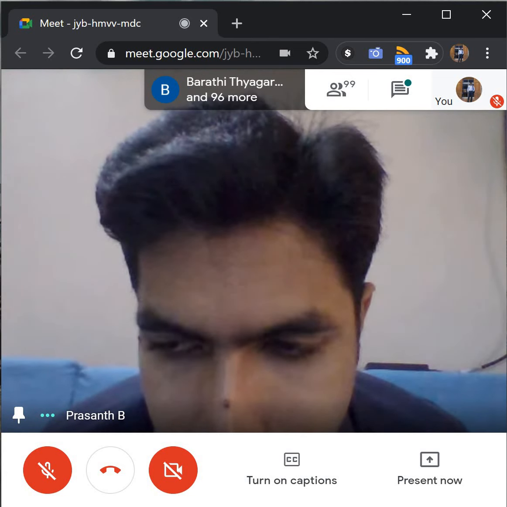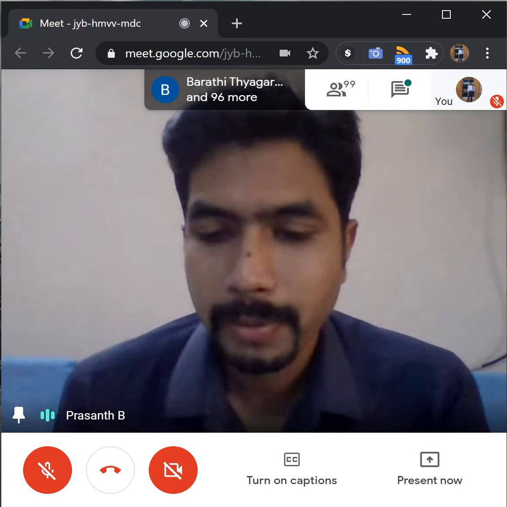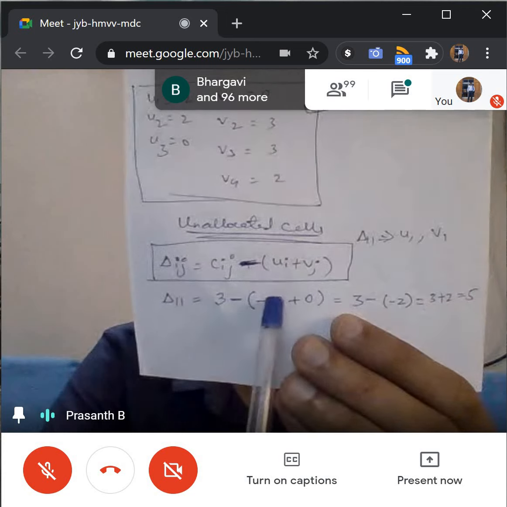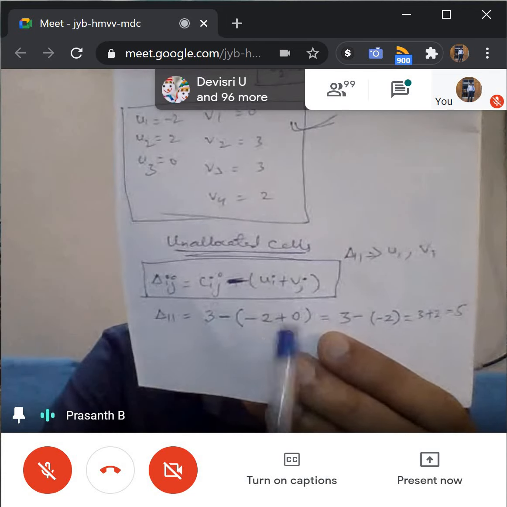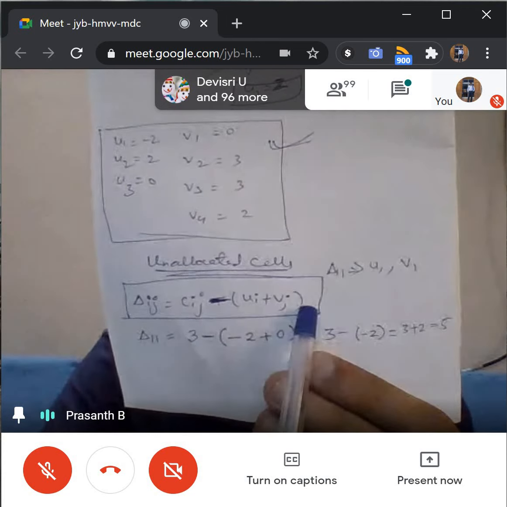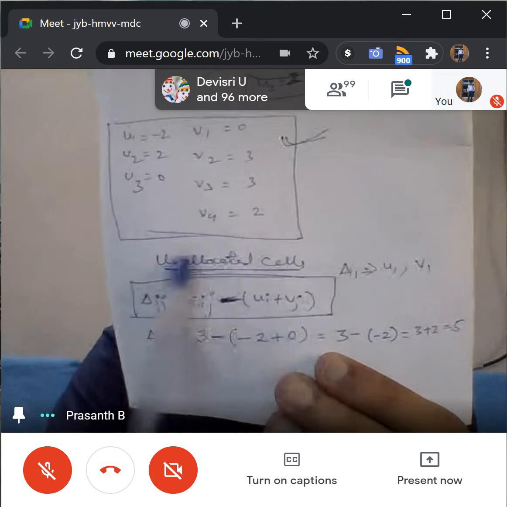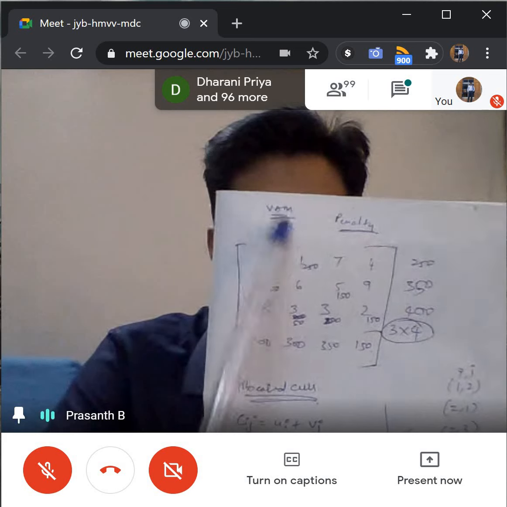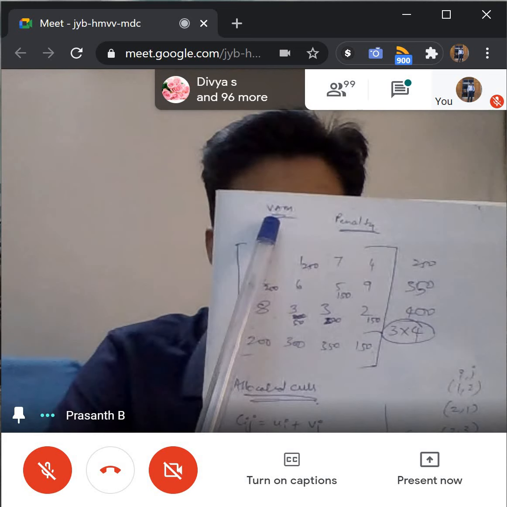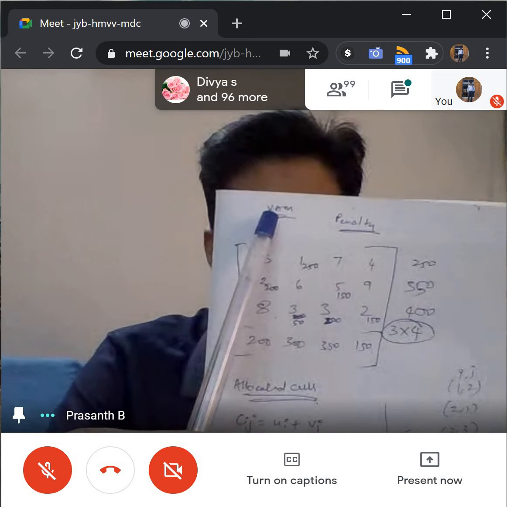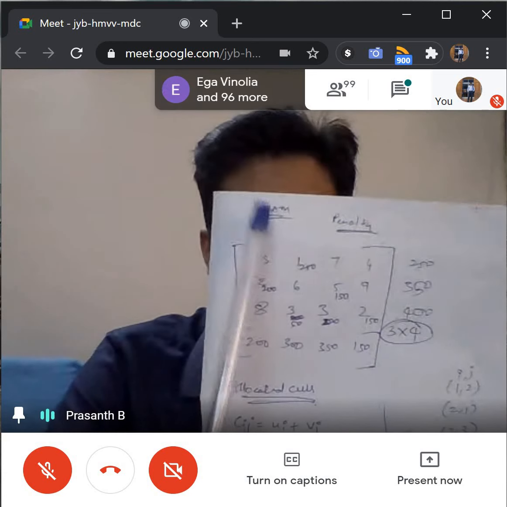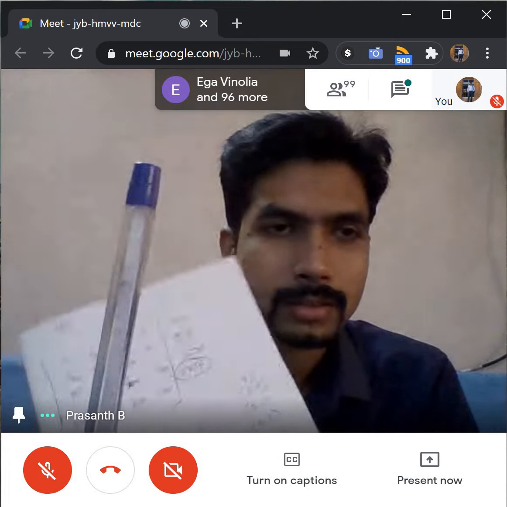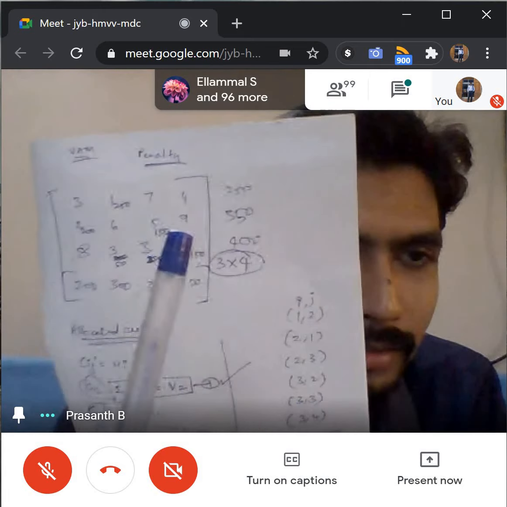Tell me that last step again, sir. Delta ij is equal to Cij minus open the brackets ui plus vj. Correct? Yes, sir. Now where is the first unallocated cell? It is here.